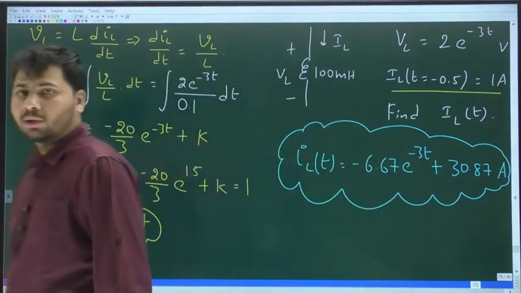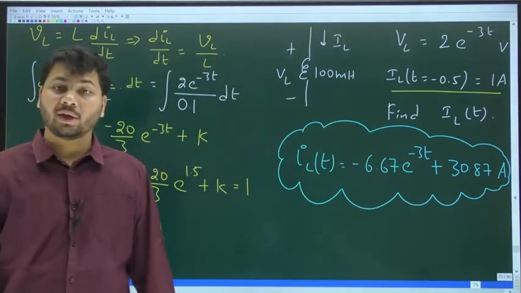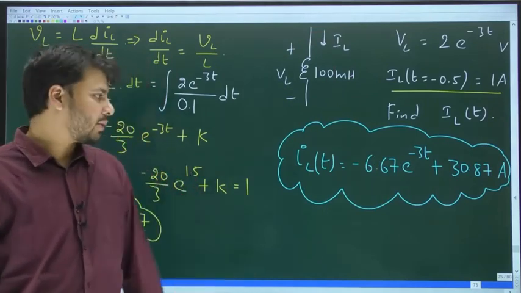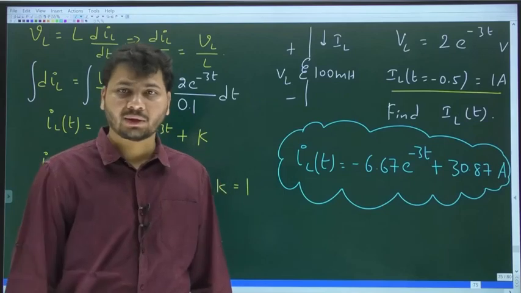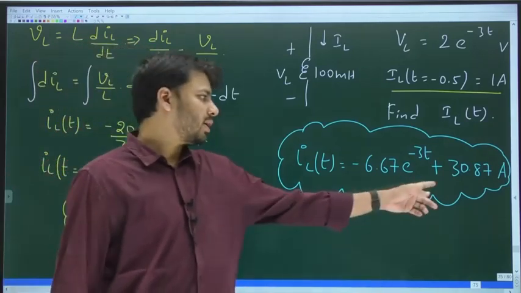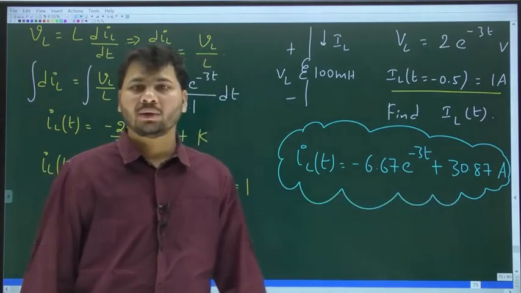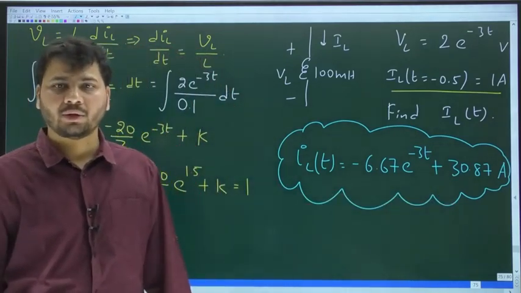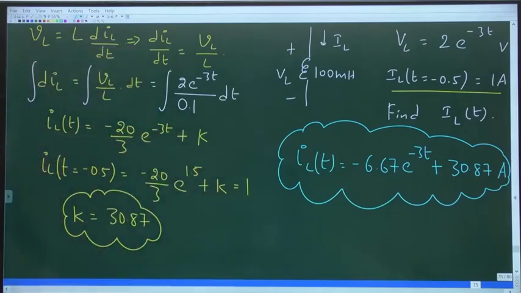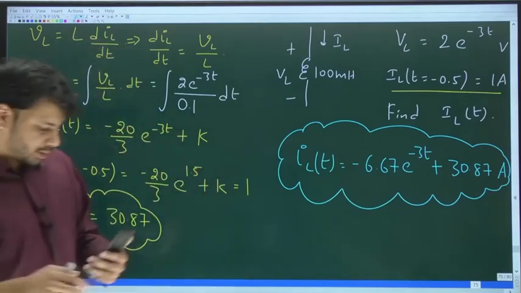Please verify if you also got the same final expression for IL of t: minus 6.67 times e power minus 3t plus 30.87, and the units are amperes. I think Dineshwaran got the same answer, right?